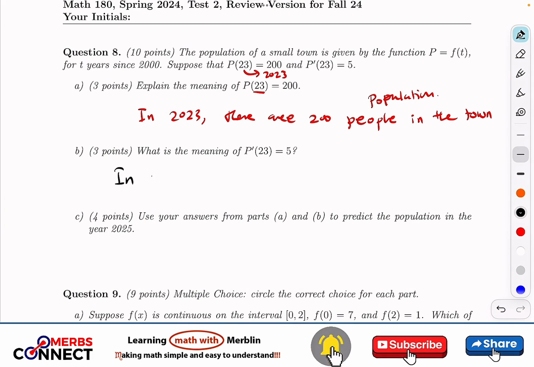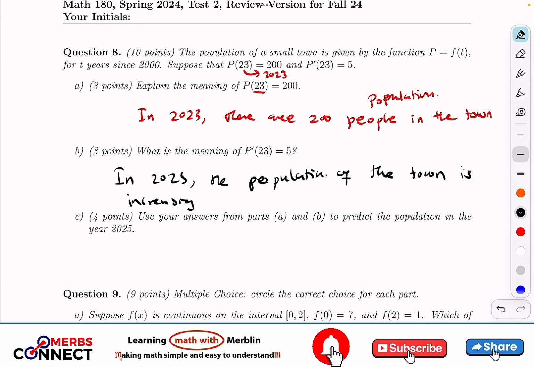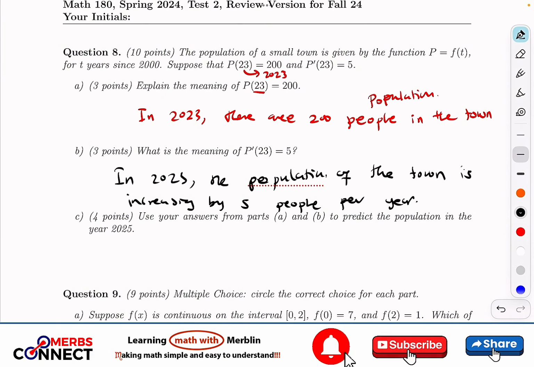In 2023, the population of the town is increasing by 5 people per year. Per year is very important. It means that anytime we move from 2023 to 2024, the population is going to increase by 5. Good. So that's basically what is happening here.